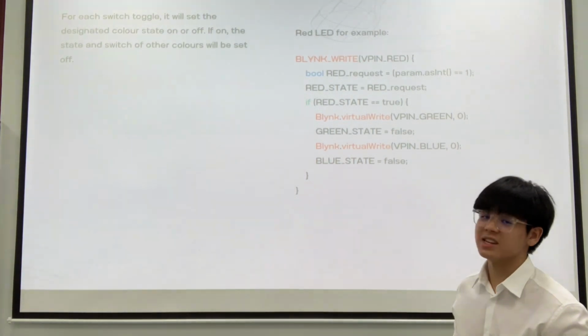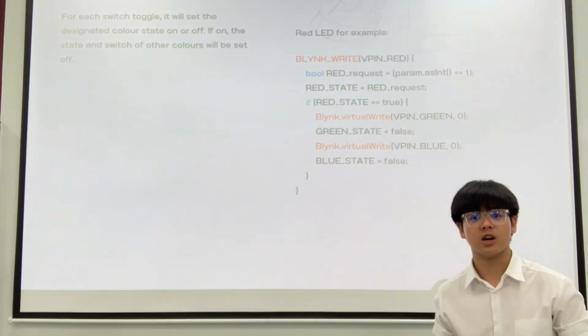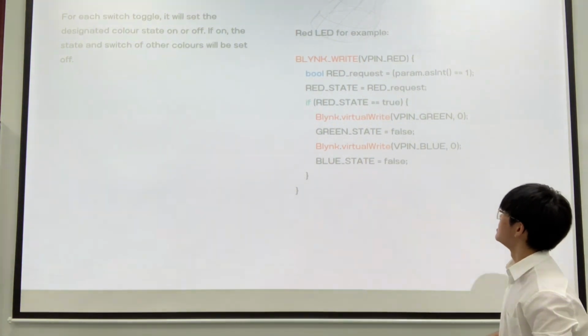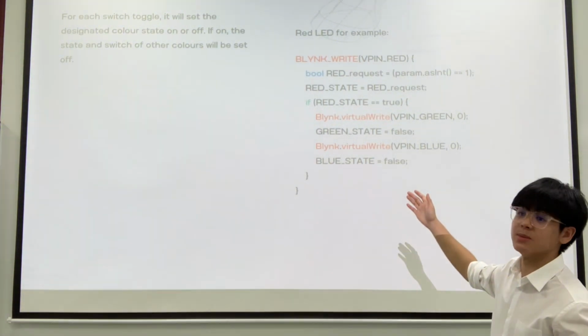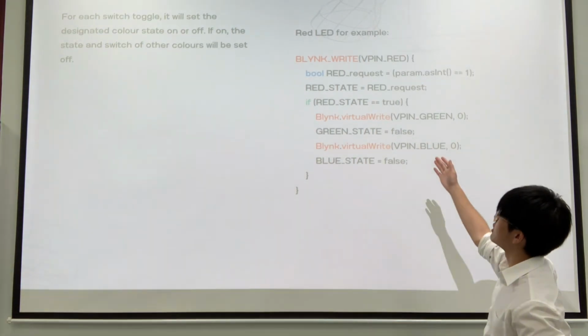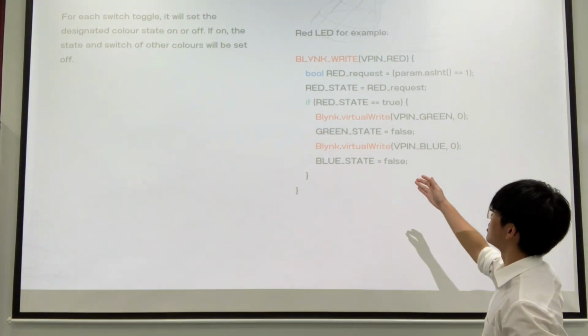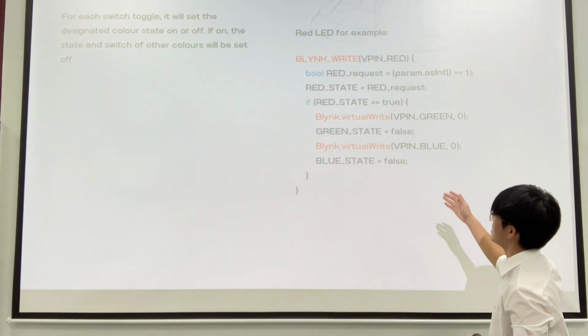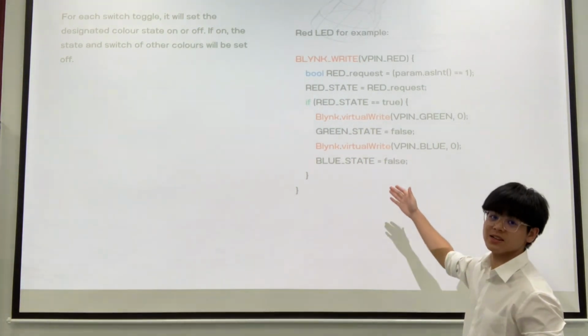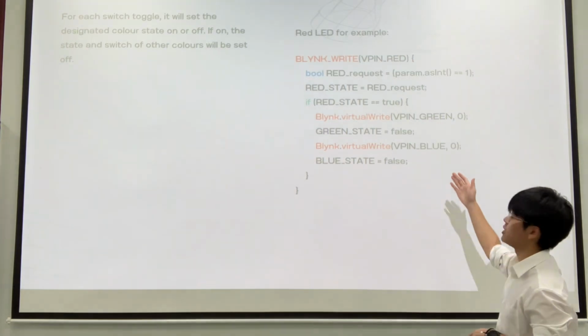If on, the state and switch of the other colors will be turned off. Here's the code for the red LED, for example. When the V pin of the red is toggled, the red state will be toggled as the V pin. And if the state of red is on, it will turn blue and green off.